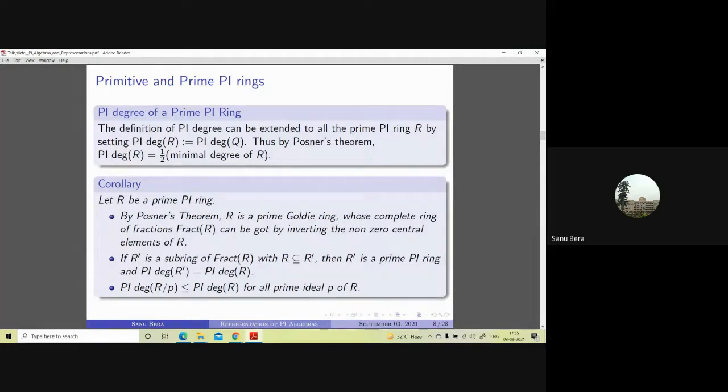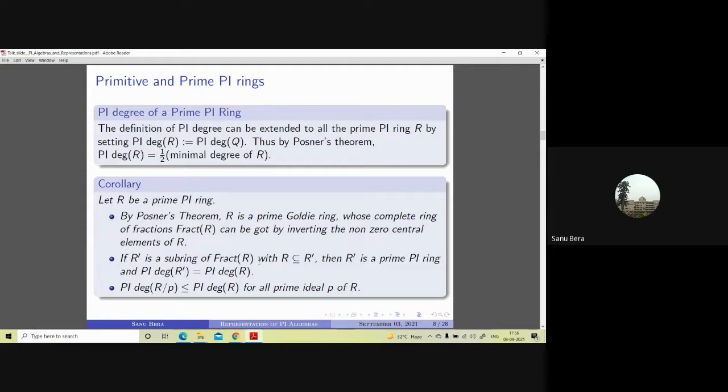Next, if R is a prime PI ring, we will see some consequences of Posner's theorem: R is actually a prime Goldie ring, because Q is a finite dimensional central simple algebra, whose complete ring of fractions coincides with it. What is the definition of a Goldie ring? A Goldie ring has some ascending chain conditions on right annihilators, and a right module which has finite rank, like that.